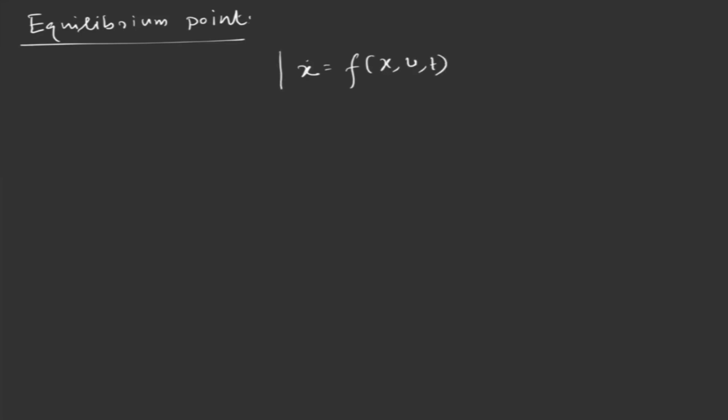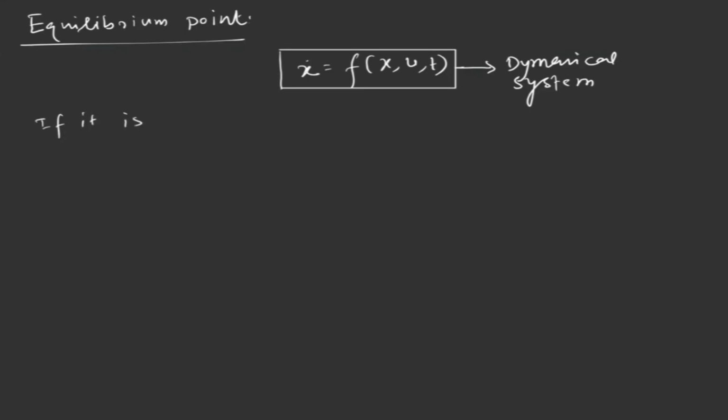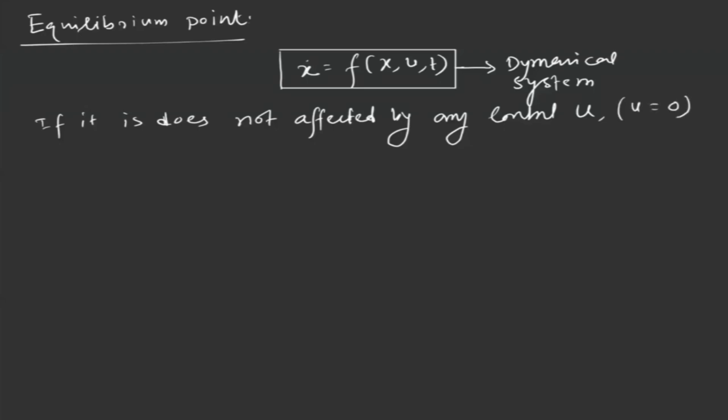Let's assume this is any dynamical system, and if this system is not affected by any control u, or we can write u equal to 0, in that case we can write x dot equal to f of x, 0, t.